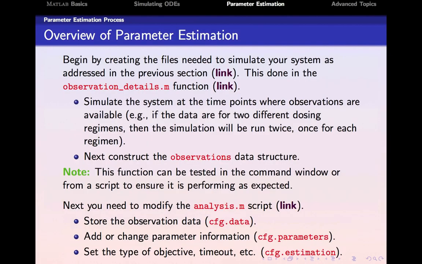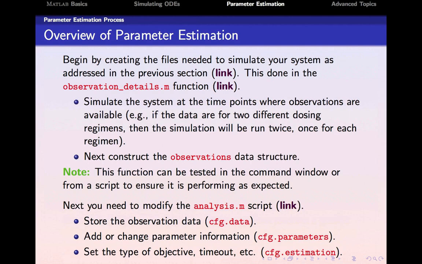This is my overview on parameter estimation. Basically, what you want to do is begin by creating the files you need to simulate your system. Okay, this is basically why we covered the simulation portion. Once you have your system simulating forward in time, you want to be able to evaluate your system at the places where you have observations.